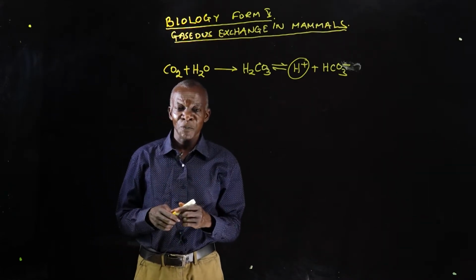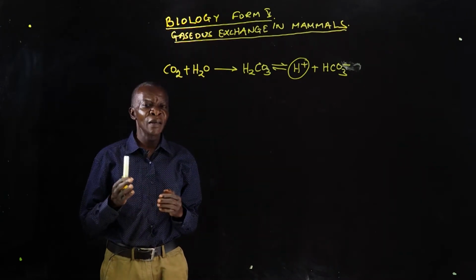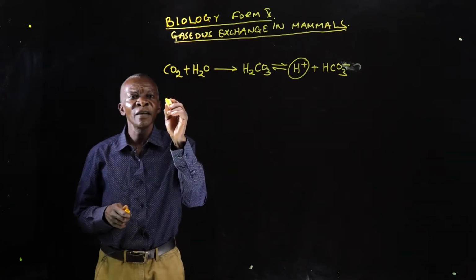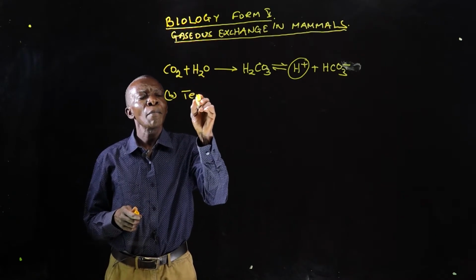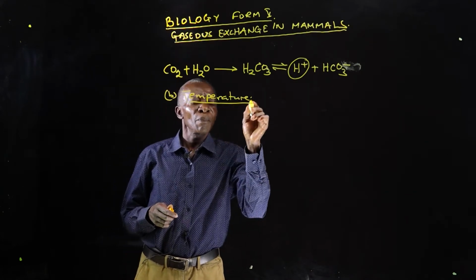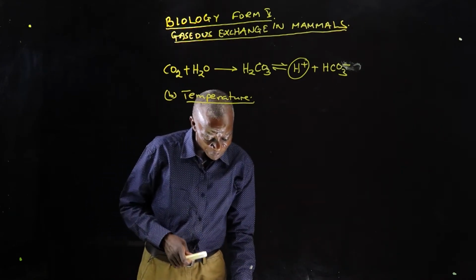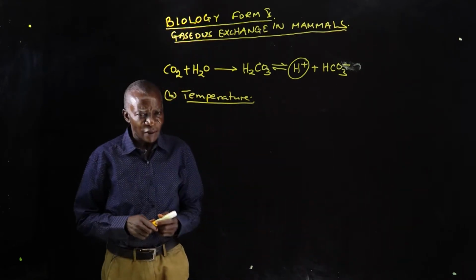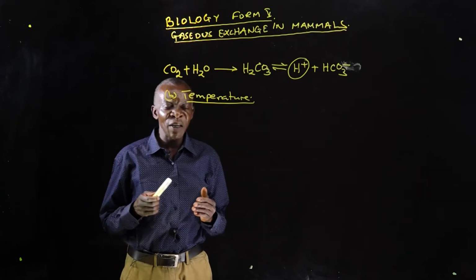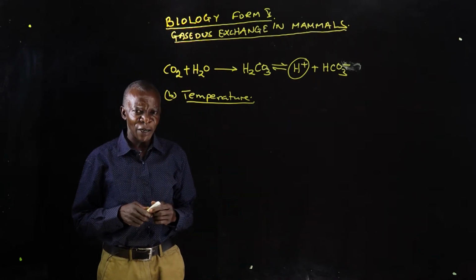Now, the second factor which is influencing the oxygen-hemoglobin binding affinity is temperature. Normally, increased metabolic activity results in increased temperature in a given part of the body.